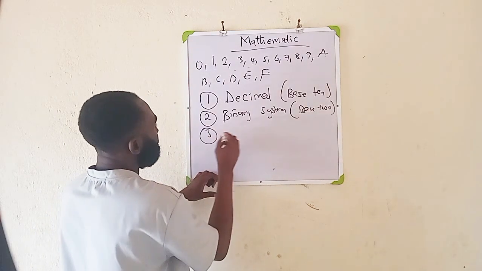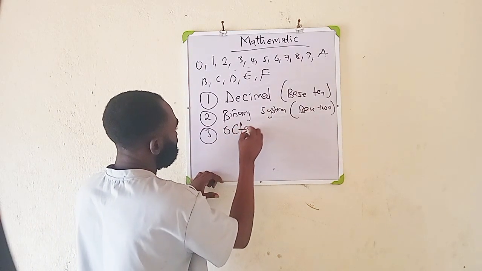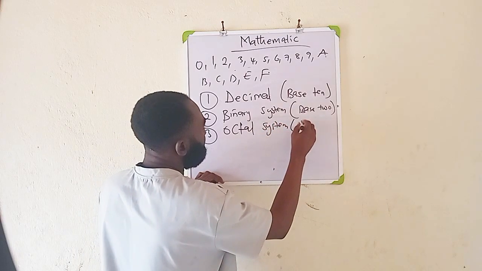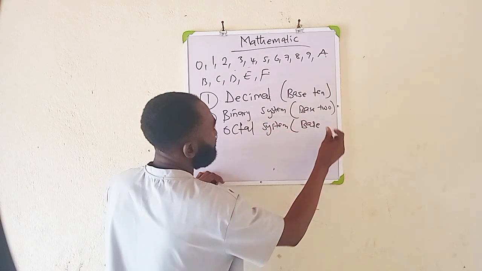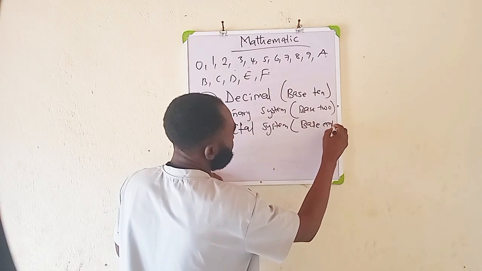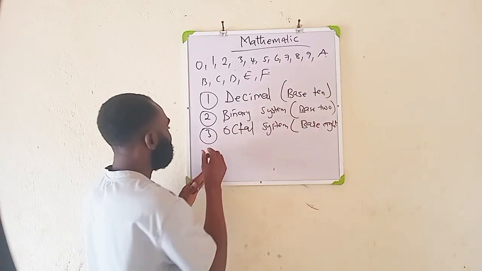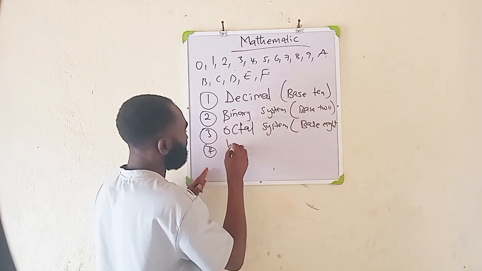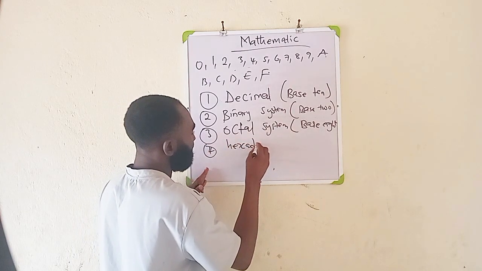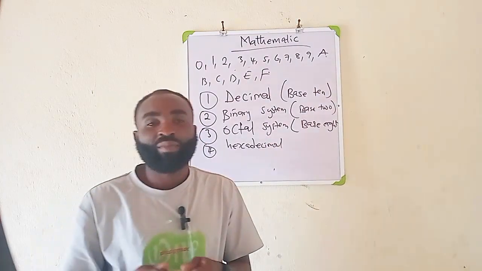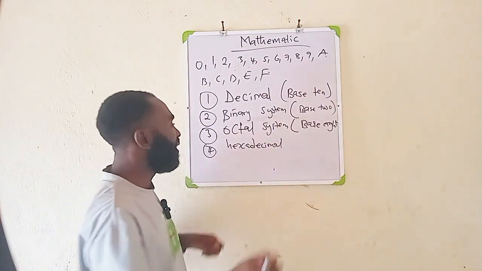Thirdly, we have the octal system, which is base 8. Lastly, we have the hexadecimal, which is base 16.